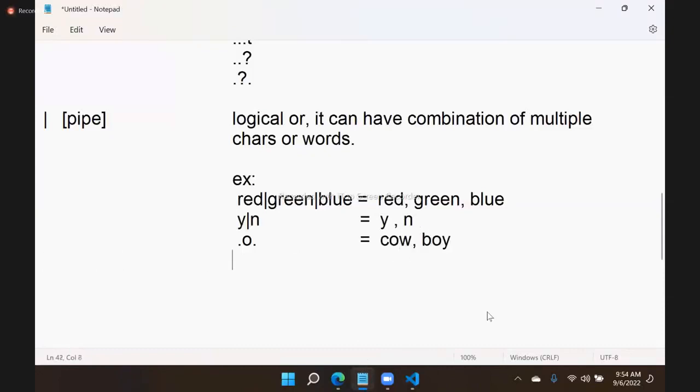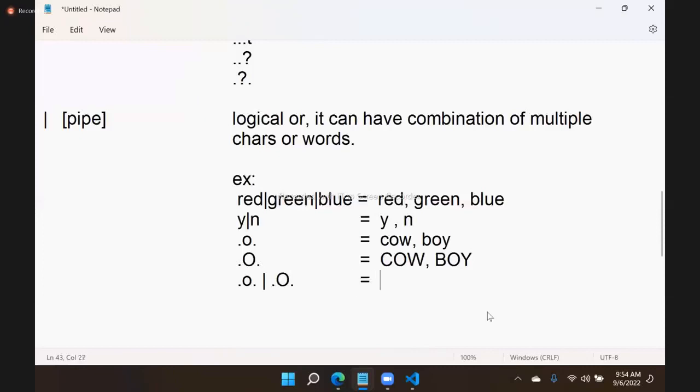If I have to allow uppercase, then we have to use O. This will allow uppercase, and this will allow lowercase. Both I have to allow. Then what do you have to use? Dot O dot pipe symbol, again dot O dot. We have to define it in this way.